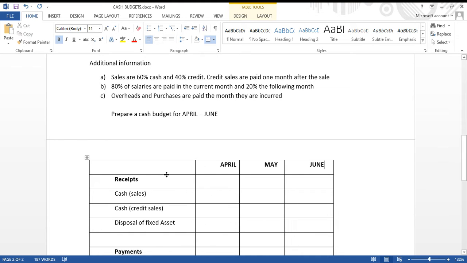All right, so we look at our receipts. Our cash sales, we've been told sales are 60% cash and 40% credit.